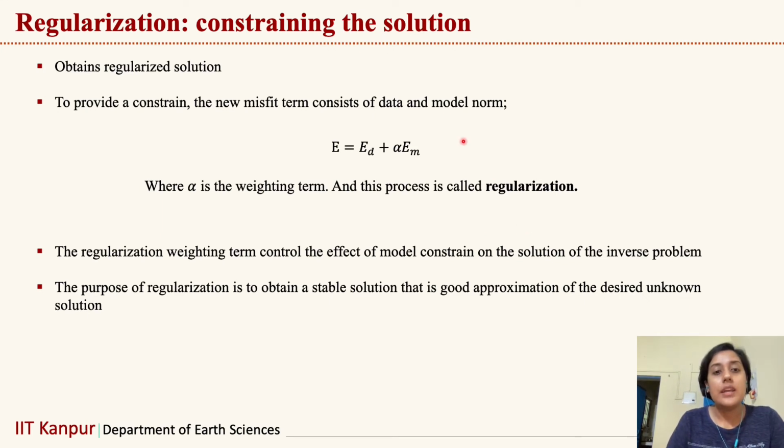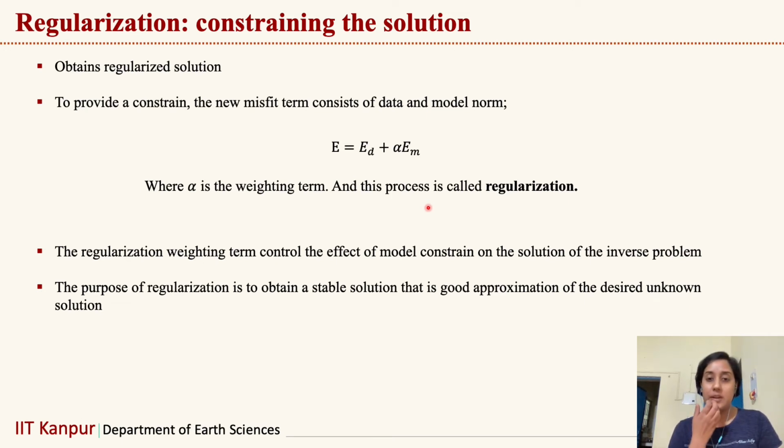Here you can also see that we are applying this weighting term specifically to the model misfit term, because we are more interested in constraining our model space. We are not trying to constrain our data space, because our interest is to know the model parameter.